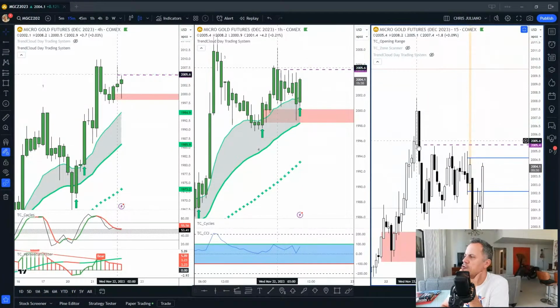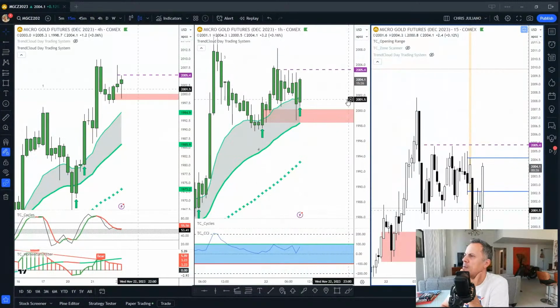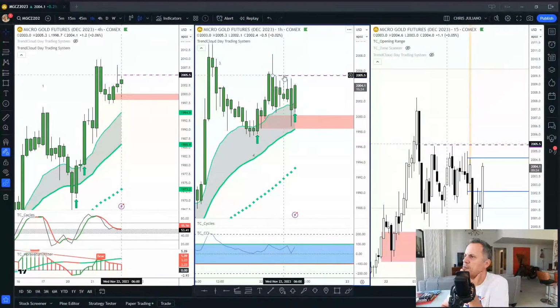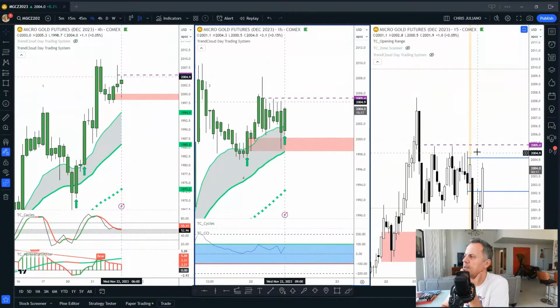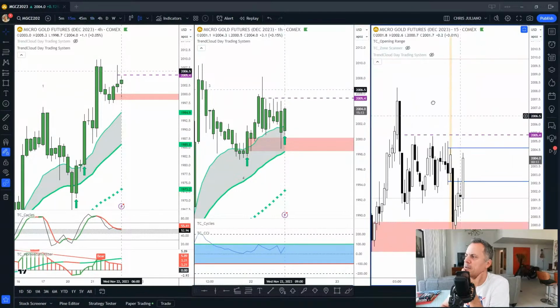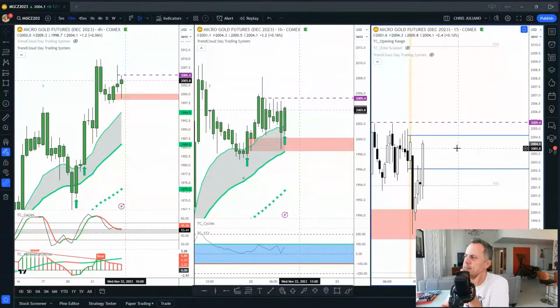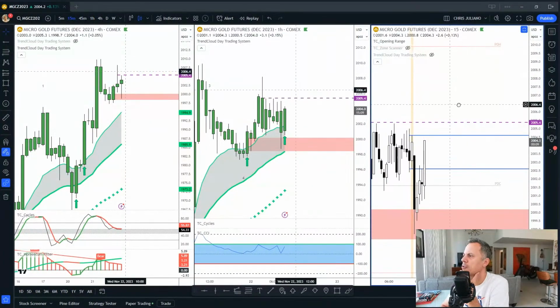All of this in here is chop. This is all chop, right? This would be your very first sign of a move to the upside. So if we break above and close above all of this, we can start looking for a retest of the opening range.